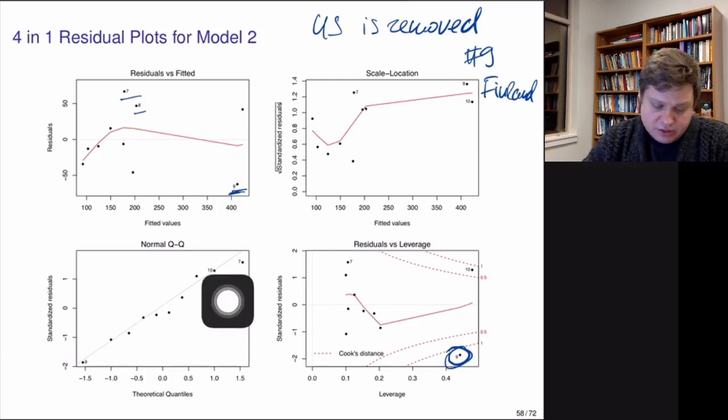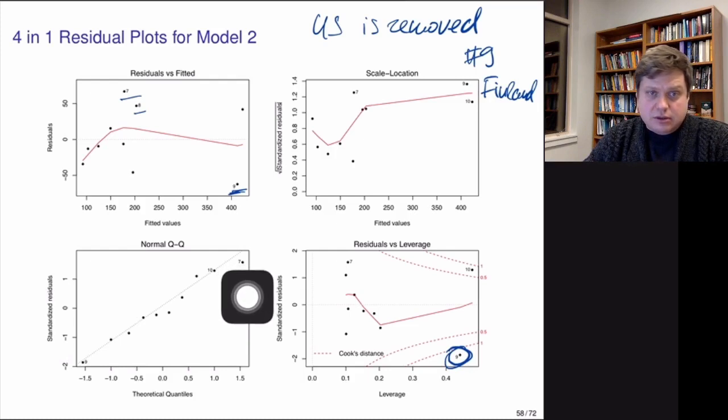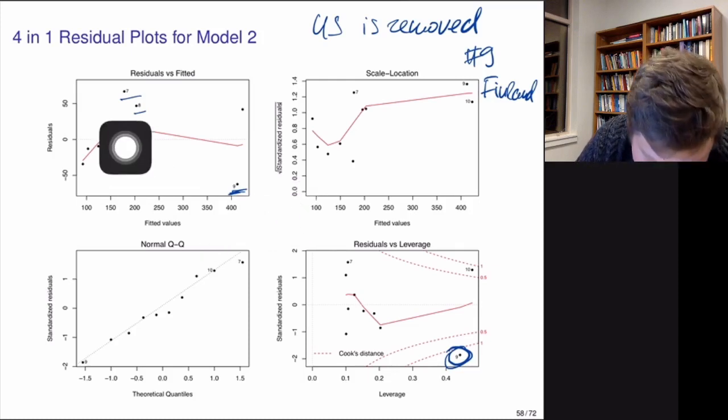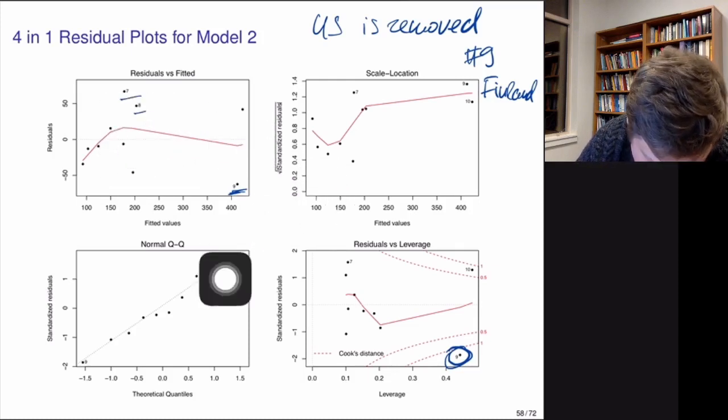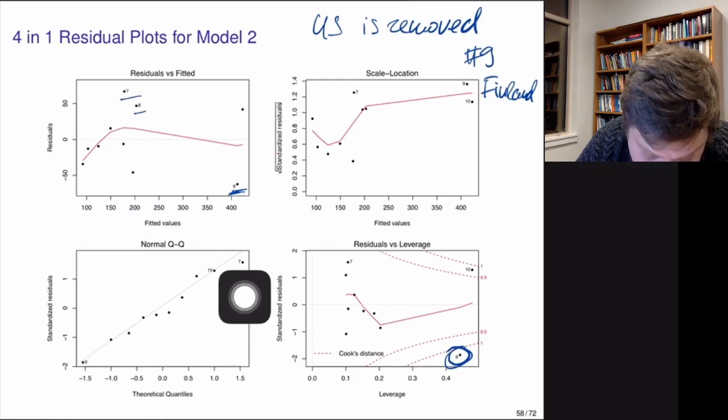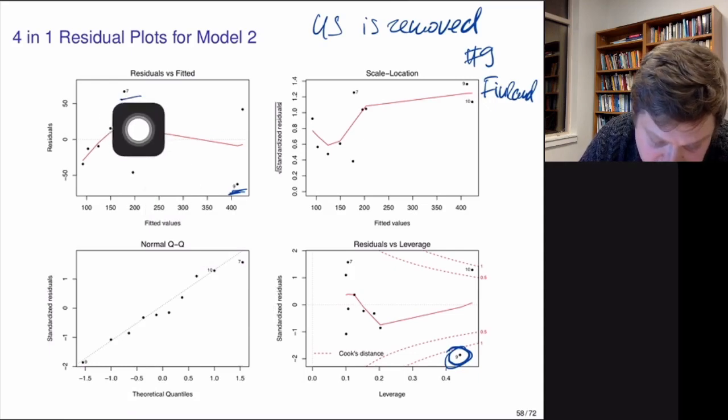But we see this point here, which is not on the theoretical normal QQ line, which is here, it is far away. And we also see that observation number 9 deviates from this line, but not as much as observation 7. So it looks like observation number 7 is the biggest violator.